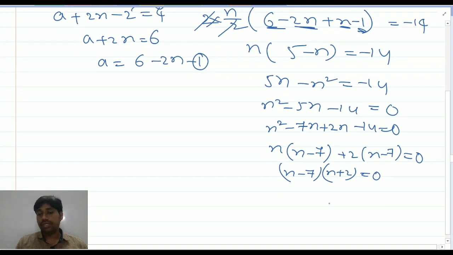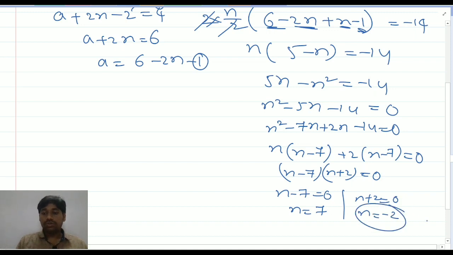Here we are getting 2 values. n minus 7 is equal to 0 means n is a positive integer. n plus 2 is equal to 0, then n is a negative integer. So discard this value. So n value is 7, we got it.